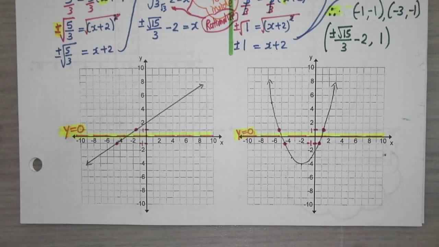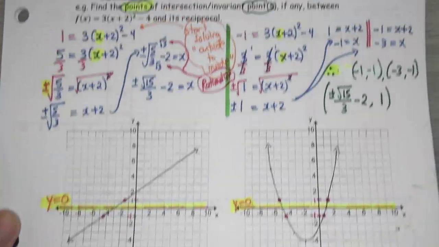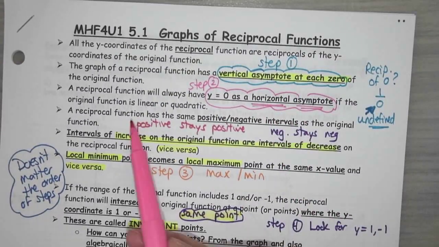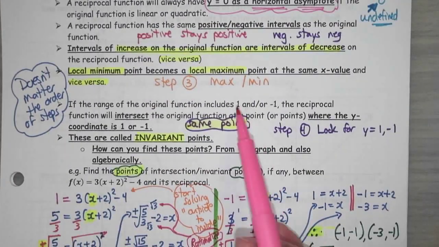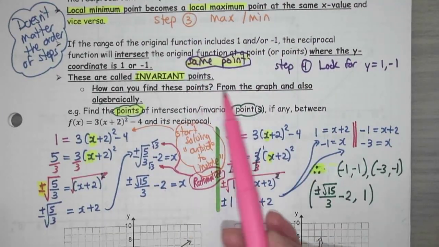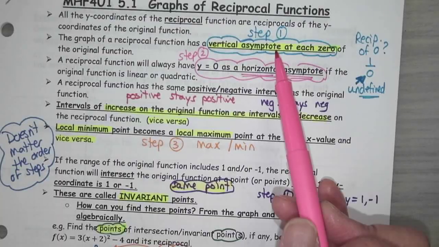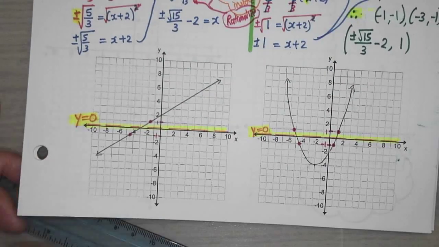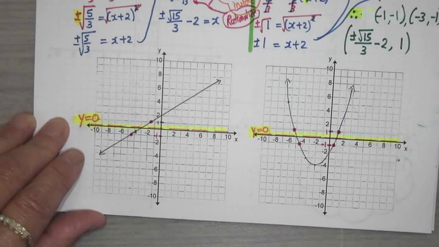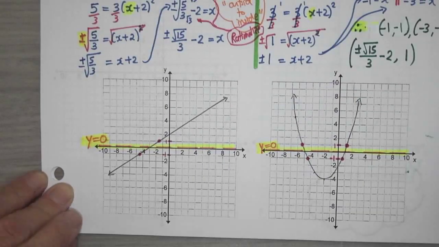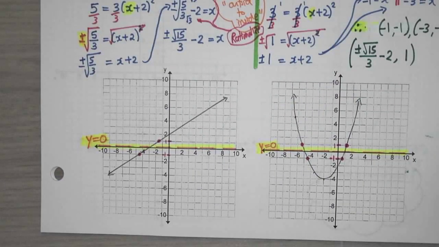Another step they said above, so again, we're going through all of these lovely words above. So we have horizontal asymptotes for any linear or quadratic. We did the invariant point. That's one of the steps. I want to look for vertical asymptote. The vertical asymptote, I'm going to do that in light blue here, is wherever it equals 0. Wherever the graph equals 0, then the reciprocal is going to not be defined, which means it's a vertical asymptote.